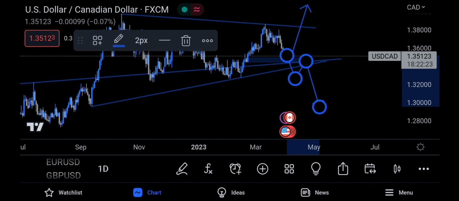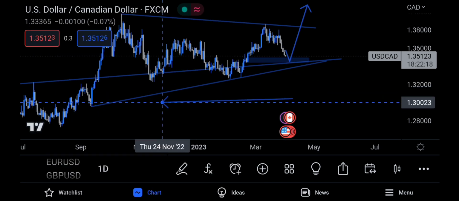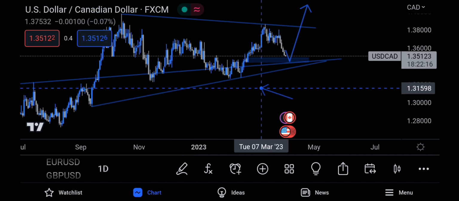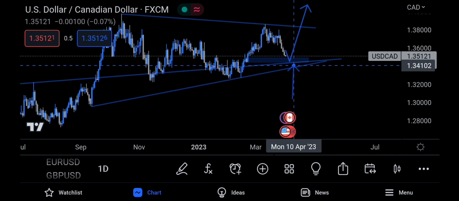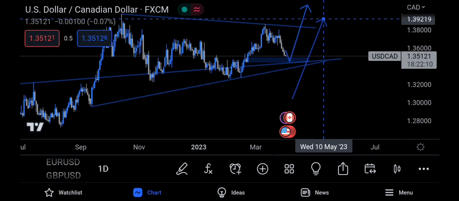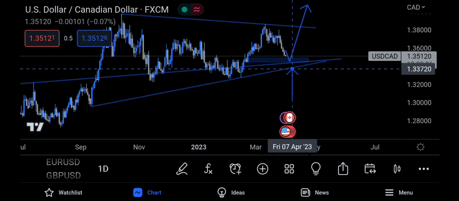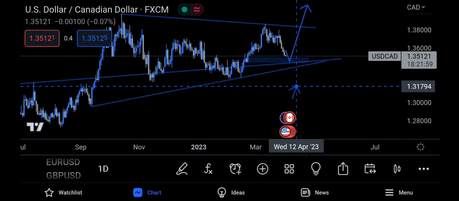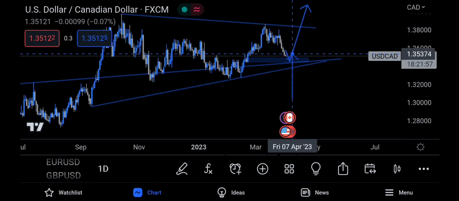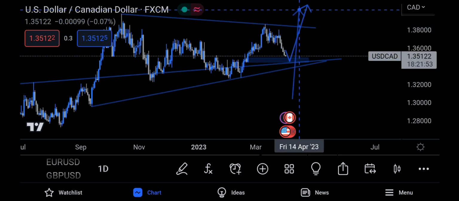We need to see a third touch, because here is the first touch, the second touch, so we should at least see a third touch inside this zone for a possible bounce off. However, if price fails to give us a third touch and breaks below it, that is when we should be looking for continuation to the downside. But if price holds successfully, that means we might be seeing a good rejection.